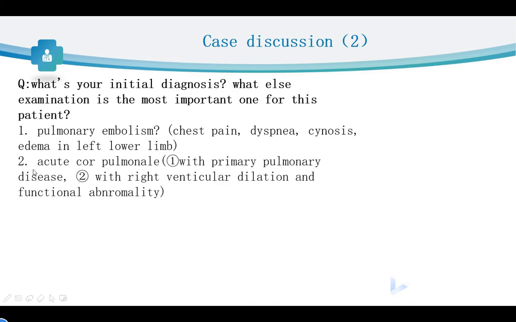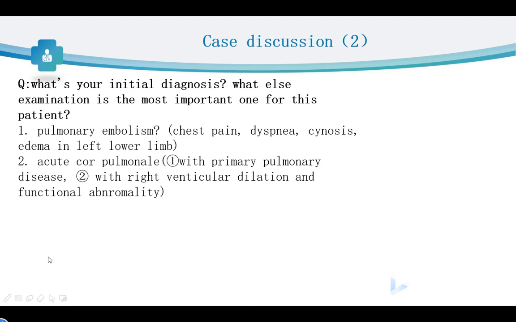The second diagnosis is acute cor pulmonale. Firstly, this patient may have a primary pulmonary disease of pulmonary embolism. This patient also has right ventricular dilation and functional abnormality with the increased BNP and a severe pulmonary hypertension.